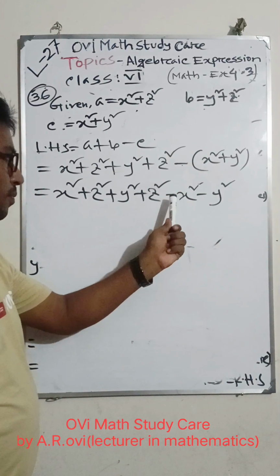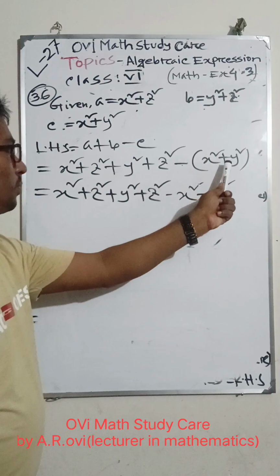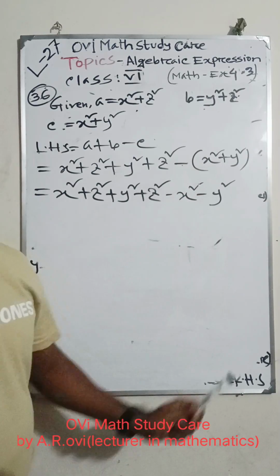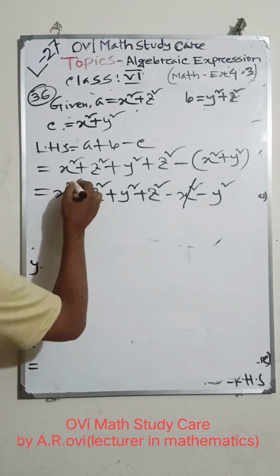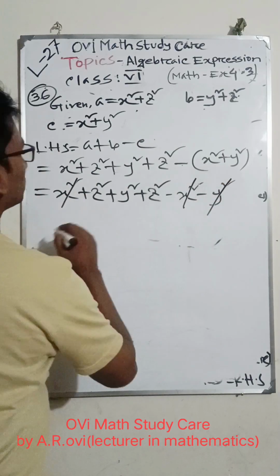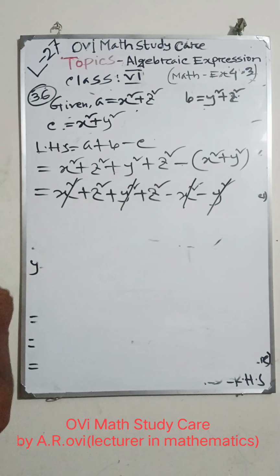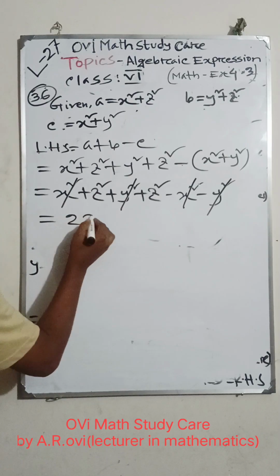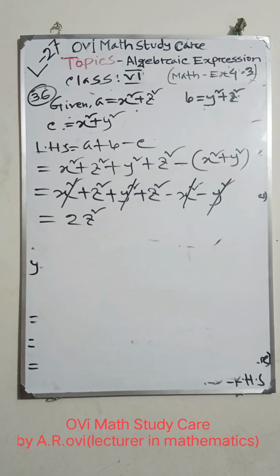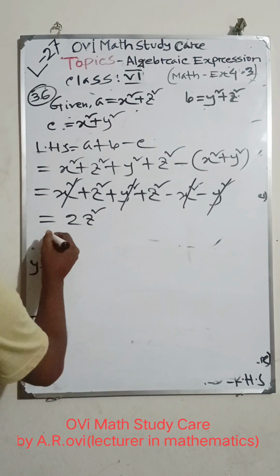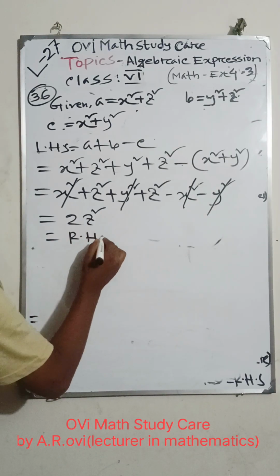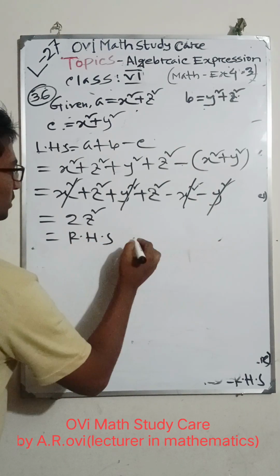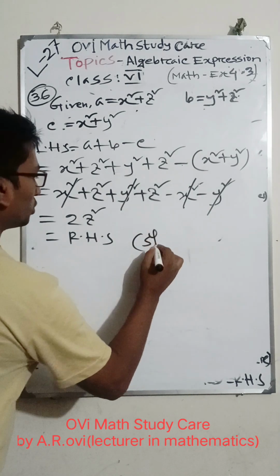X square will be minus x square and plus y square becomes minus y square. Now cancelling these terms, x square minus x square and y square minus y square, it becomes 2z square. This is our RHS. Hence proved.